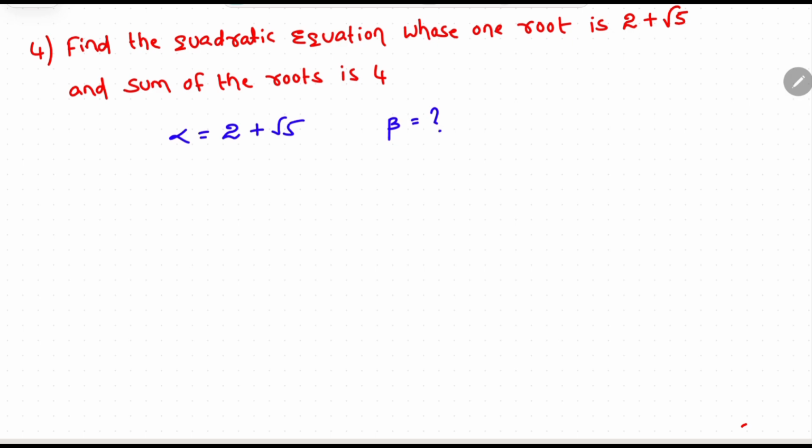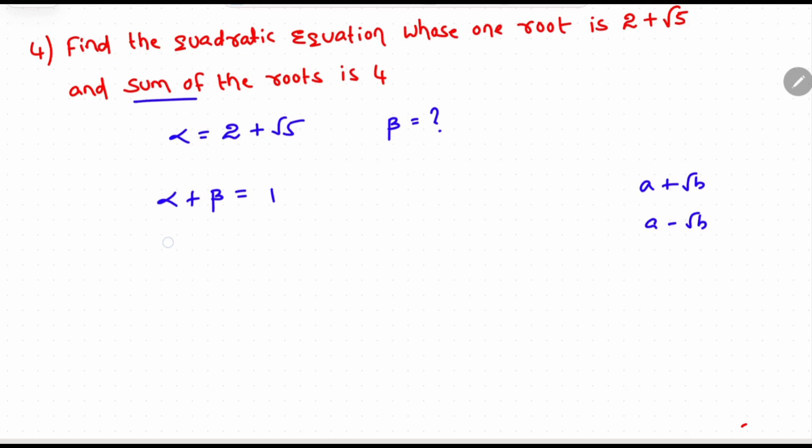When one root is a plus root b, another will automatically be a minus root b. Now here we have the sum of the roots, alpha plus beta equals 4.